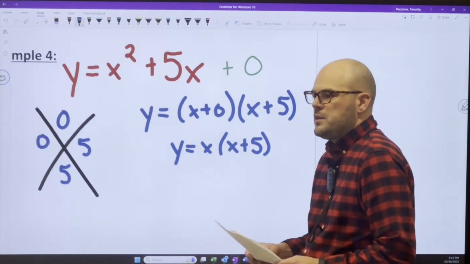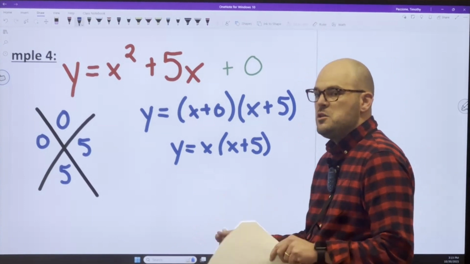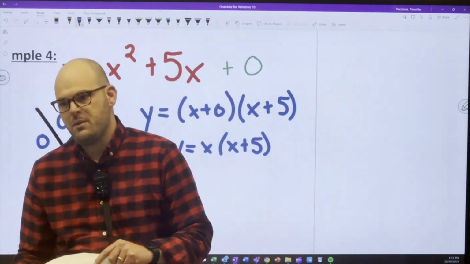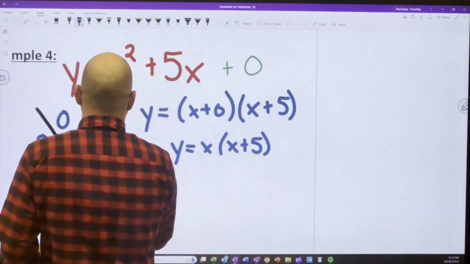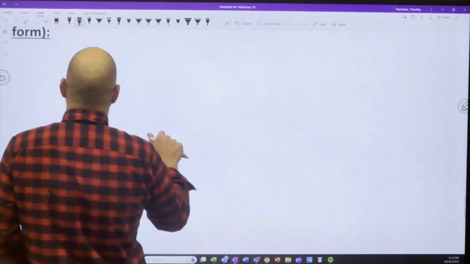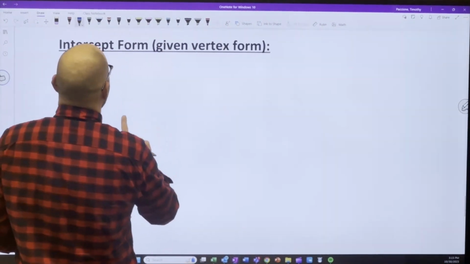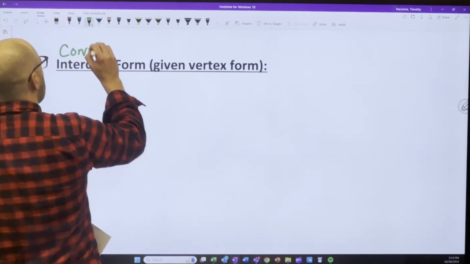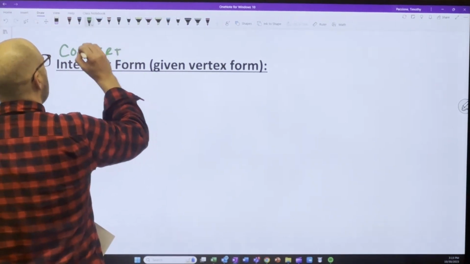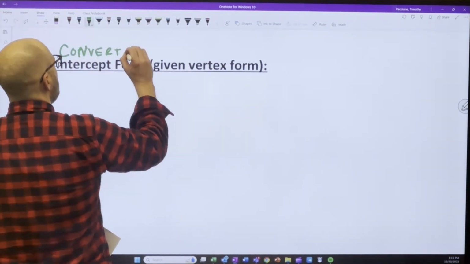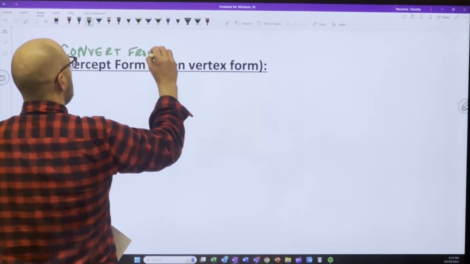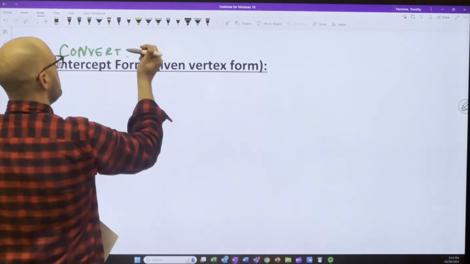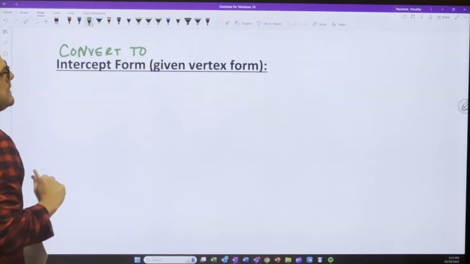Hold on, we have one more thing. So I gotta get through one more thing. We only talked about converting from standard to intercept. We gotta talk about converting from vertex to intercept, right? So we're going to convert to intercept form given vertex form.